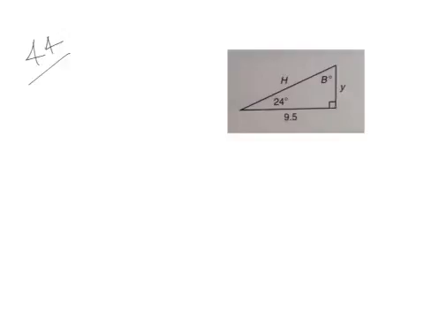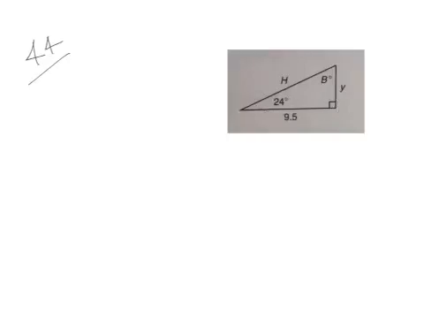So one of the things that we do, first of all, probably the easiest would be to find angle B. So angle B would be equal to 180 degrees minus 90, minus 24. One of the things you can do is just get rid of that, because if we know this is 90, then if we add up the other 2, we know we're going to get 90.